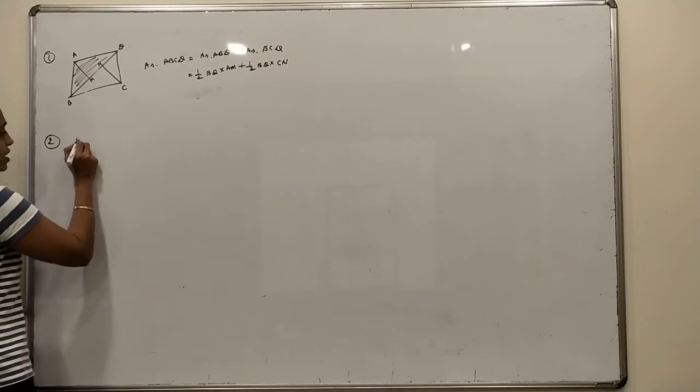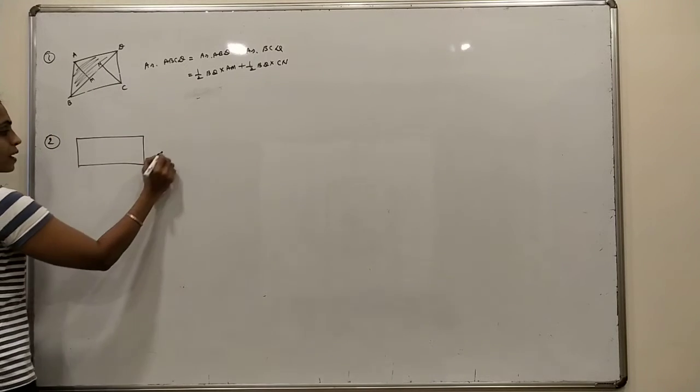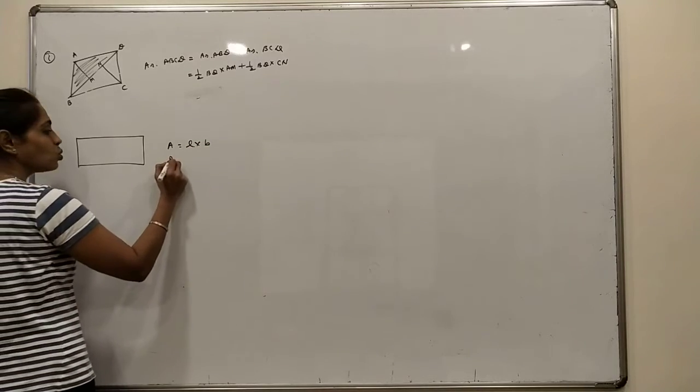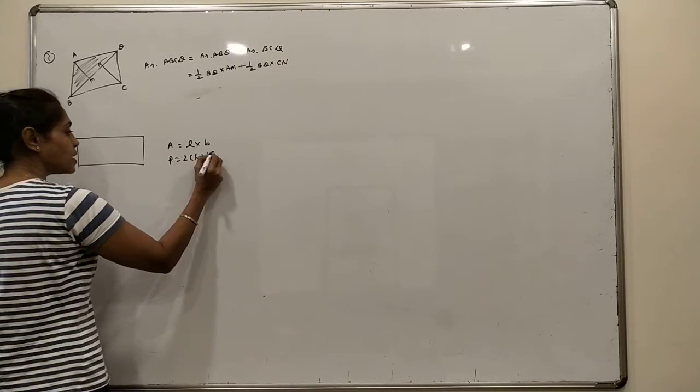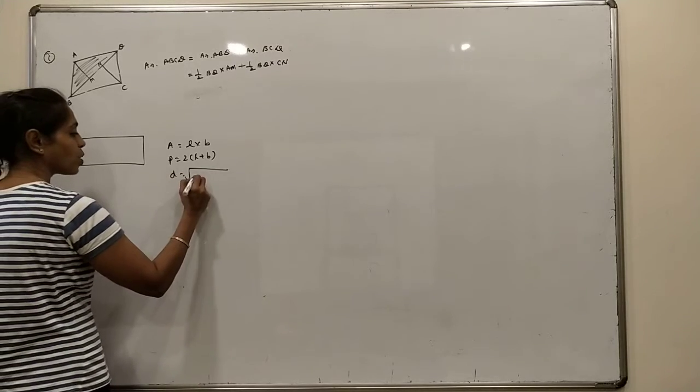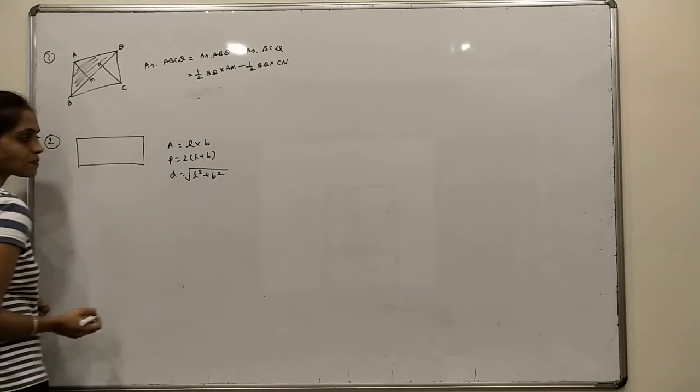Second, if it is a rectangle, then its area is equal to length into breadth and perimeter is equal to 2 into (L plus B). And its diagonal is equal to under root L square plus B square.